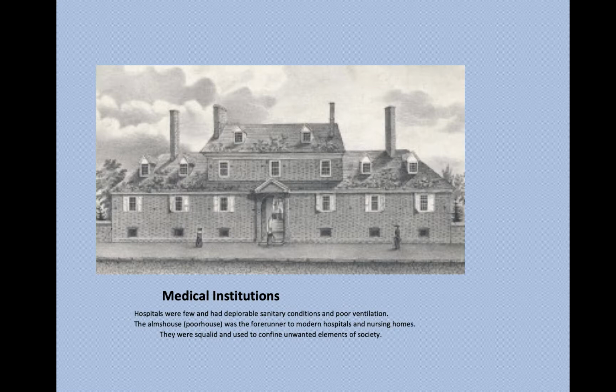Poorhouses, or almshouses, were the forerunner to modern hospitals and nursing homes. This is where people would go to get treated or to be in a nursing home, and they were often confined to the unwanted elements of society.